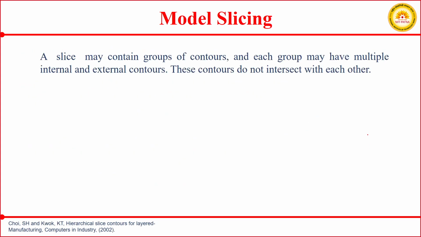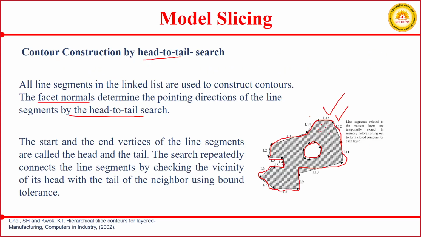This is the simplest case, where there are only one or two contours: one is your external contour, one is your internal contour. But in an actual case, there may be thousands of contours in a slice layer.